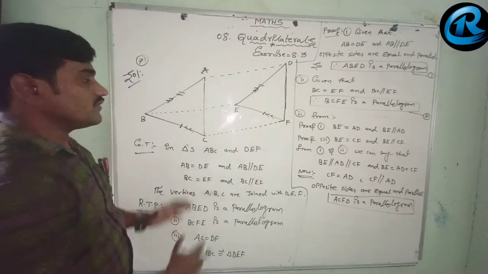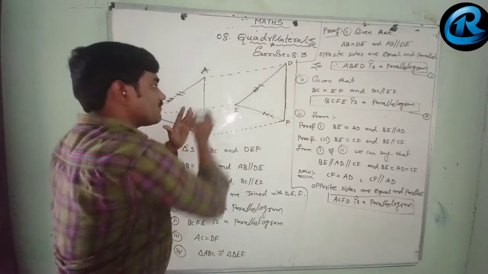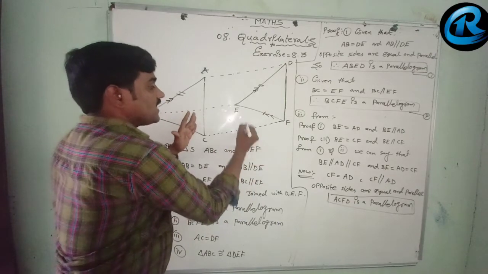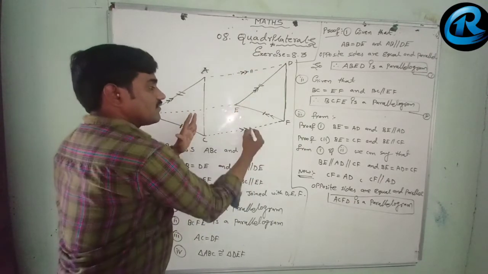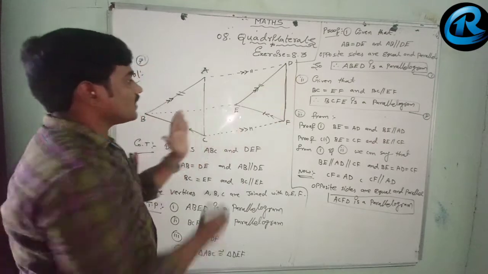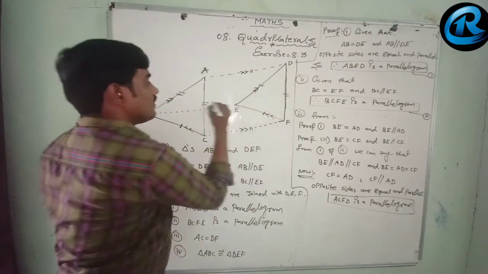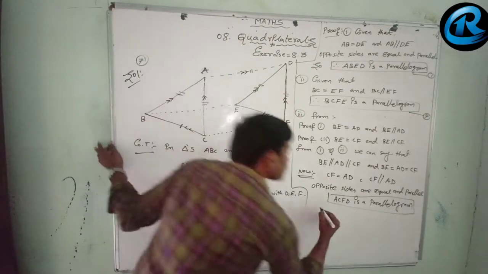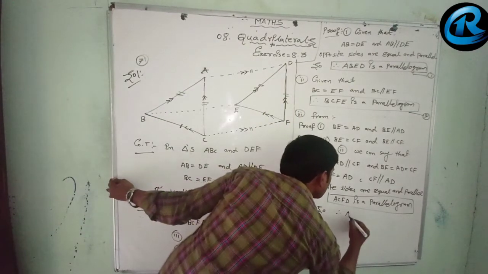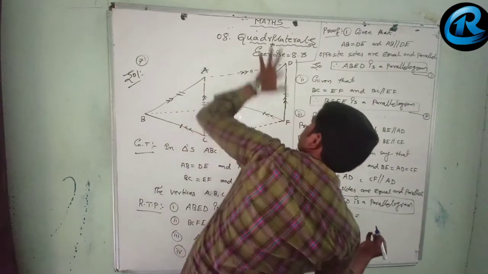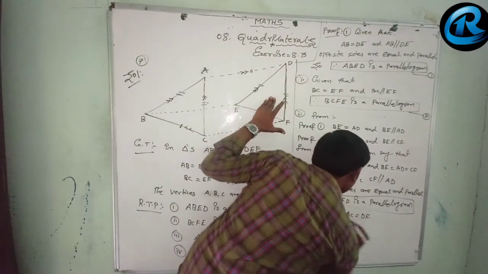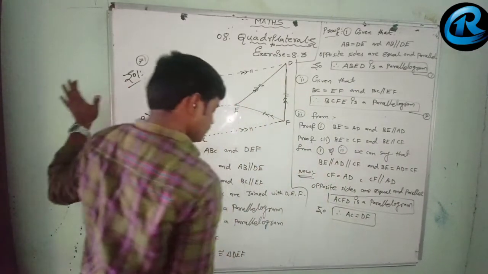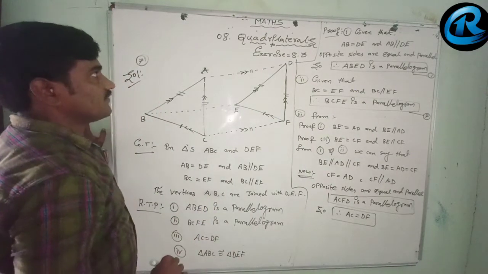These sides will be parallel and equal, so these two sides are also equal and parallel. Therefore AC is equal to DF. That is proof number 3.